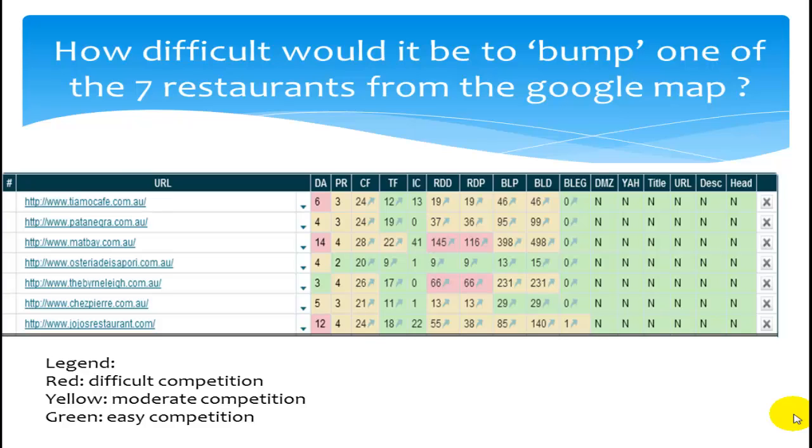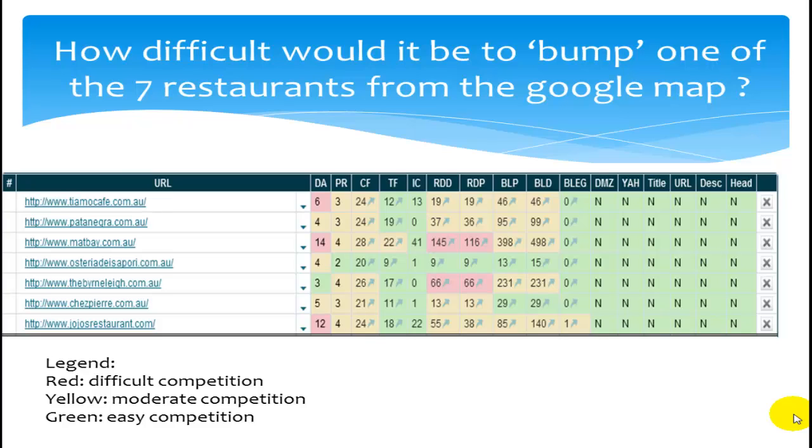The other question that should be crossing your mind is how difficult would it be to bump one of the 7 restaurants from the Google map? And this is another form of analysis, and I won't get into the numbers in any great way, but I just want to point out that if this map was predominantly coloured in red, then the conclusion would be it would be pretty difficult to bump those 7 from their current location.